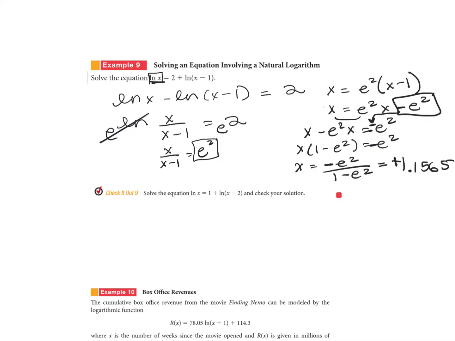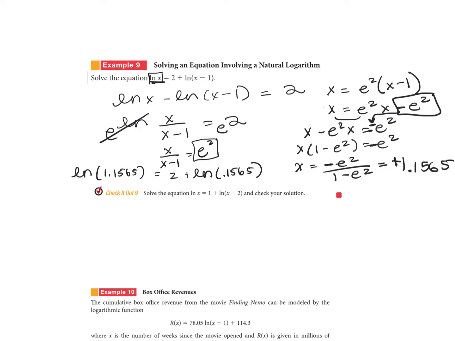Let's go ahead and check it. So if I take the natural log of this, 1.1565, does that equal 2 times plus the natural log of 0.1565?